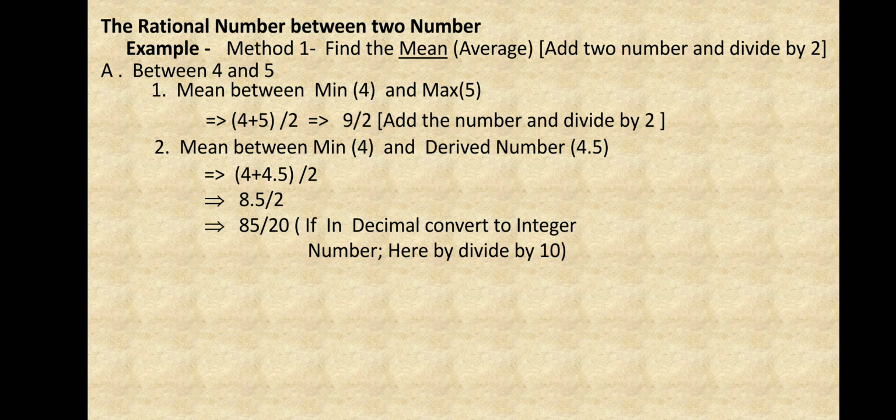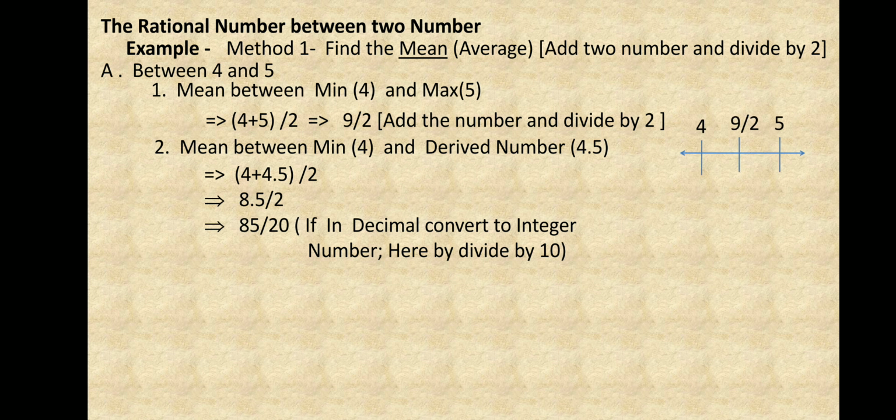And now this 8.5 divided by 2 will be converted into 85 divided by 20. How is it possible? You will learn it in the further slides, but for now, to convert a decimal into an integer, you have to multiply by 10. If you have any confusion, it will be cleared in the further slides. So now let's move on.